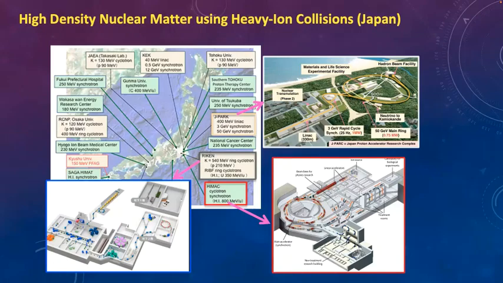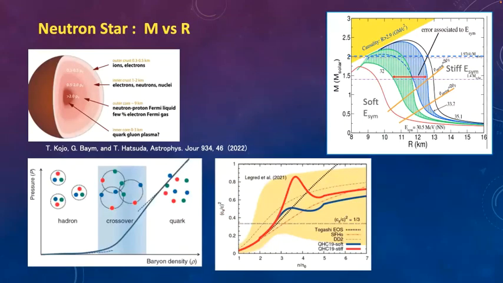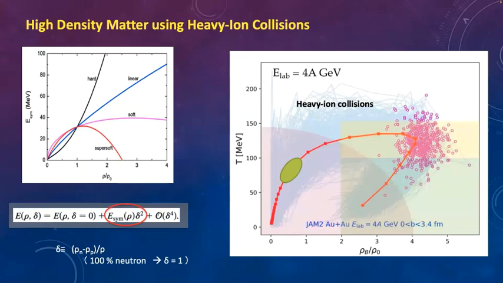So for the equation of state study, how is the capability compared to what GSI can do? GSI is probably best, just because of the intensity. Energy. Oh, energy. And RIBF is somewhere here.